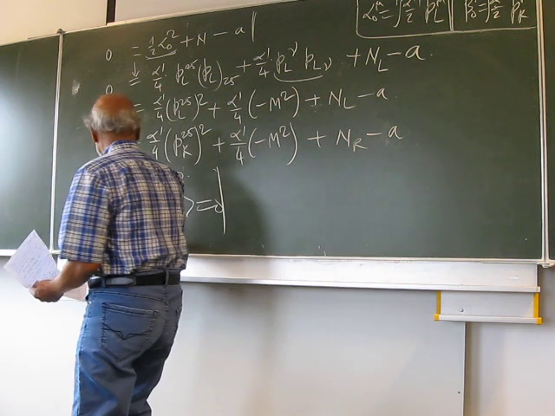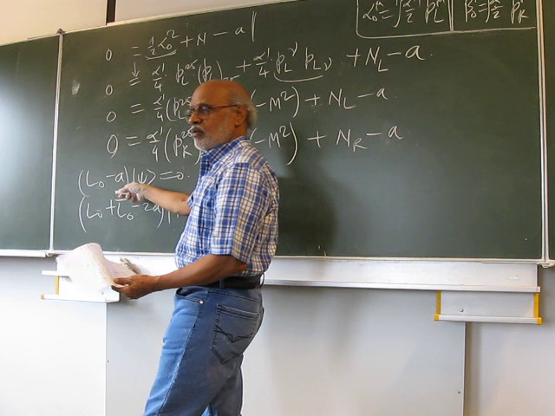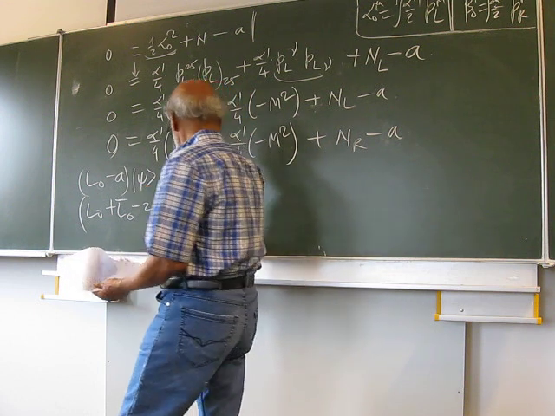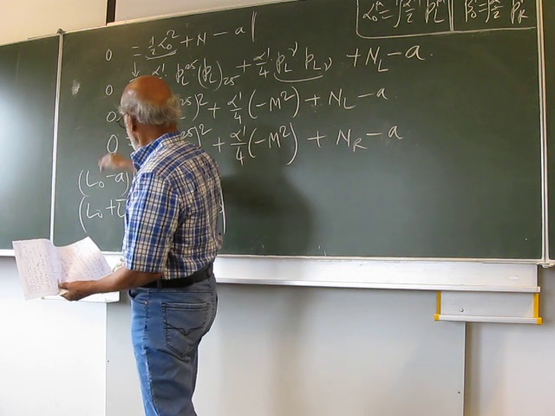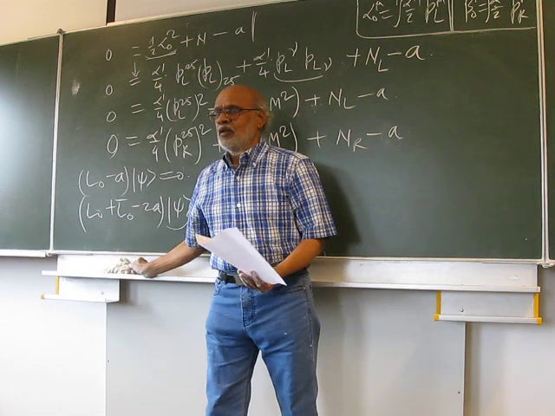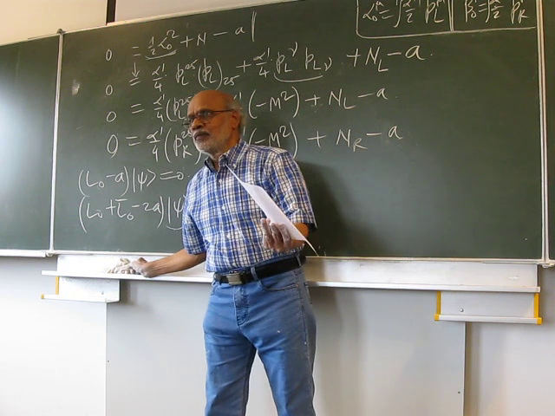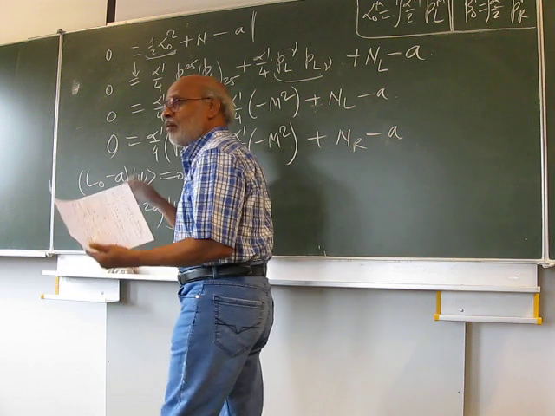So that is this one equation. If I sum up those two equations, this is zero. So once you add them, you get L0 plus L0 bar equal to 2A, equal to 2, putting A equal to 1. And once you subtract them, that is called the level matching condition.